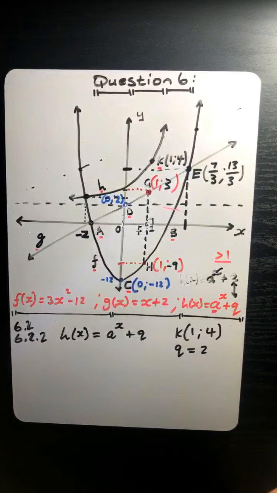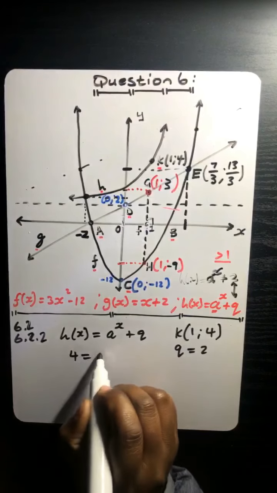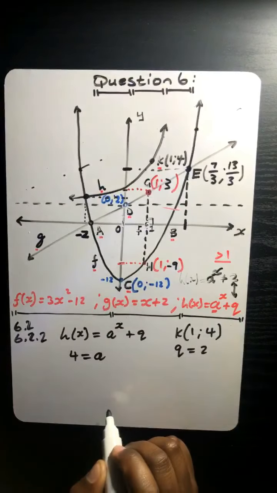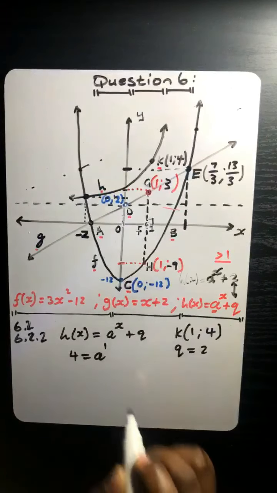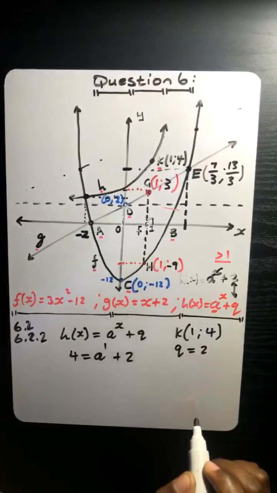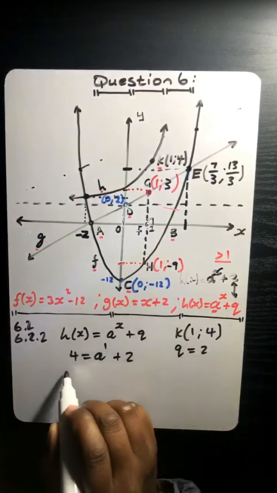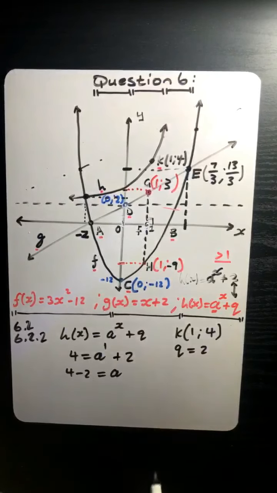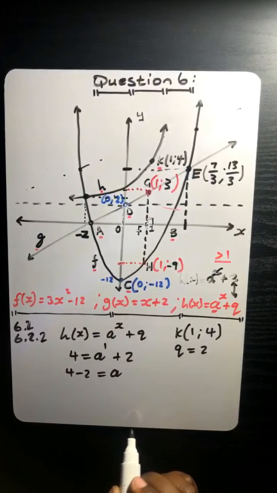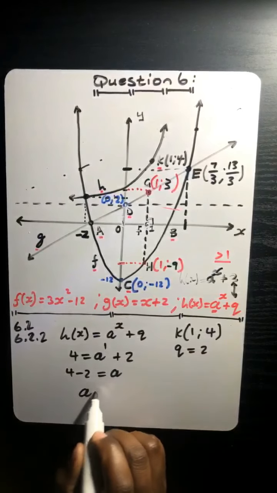Then we are going to substitute the coordinates of K into h of x. You are going to have 4 equals a times, exponent 1 replacing x, plus 2. Then transpose. Therefore, a is equal to 2. So you're saying a is equal to 2.